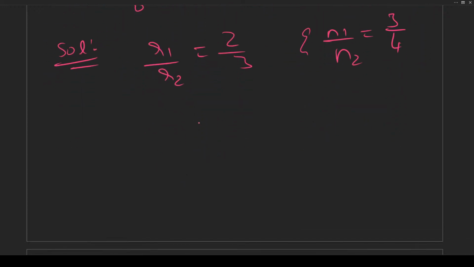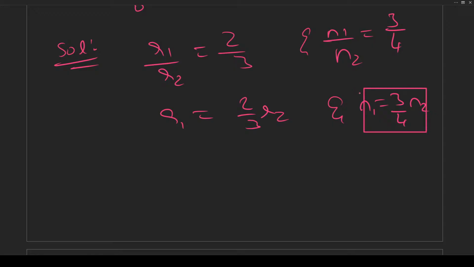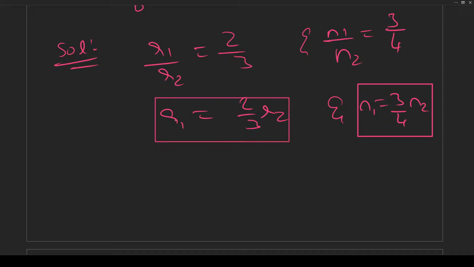So basically R1 is equal to 2 by 3 R2, and N1 is equal to 3 by 4 N2. They are connected in parallel.